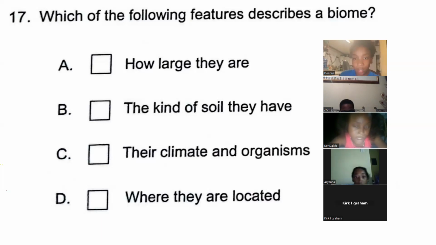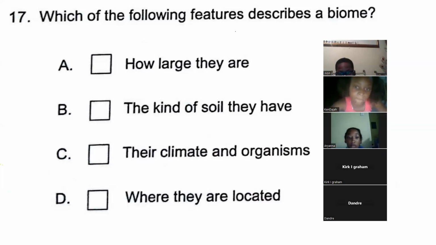What do you think describes a biome, Candasia? I think it is C. Their climate and organisms. Yes, sir. What do you think, Ariana?